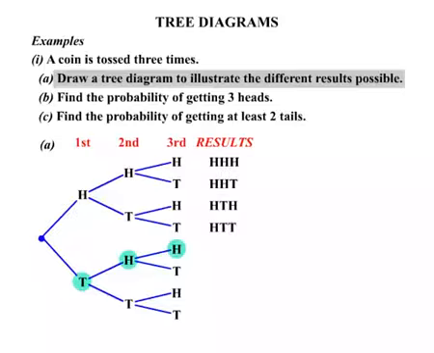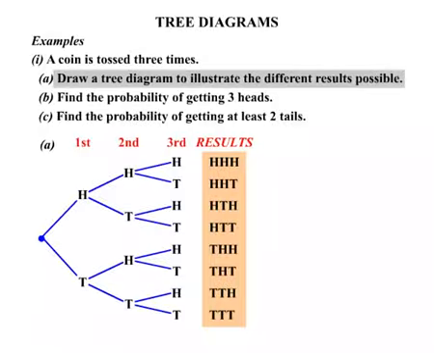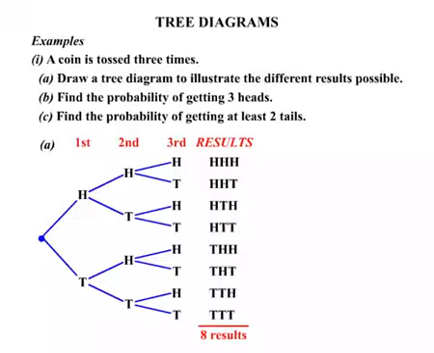Now, jumping down here, a tail, then 2 heads, tail, head, tail, tail, tail, head, and finally 3 tails. So they are all our different results. There are 8 of them, 8 different results there.